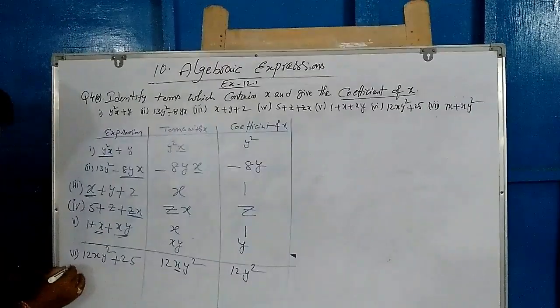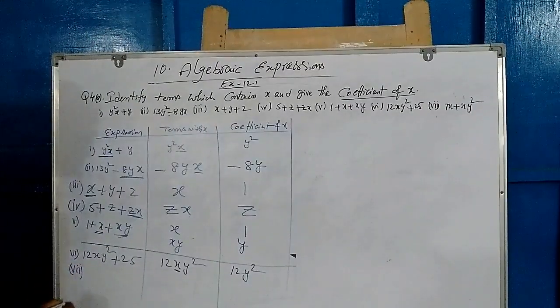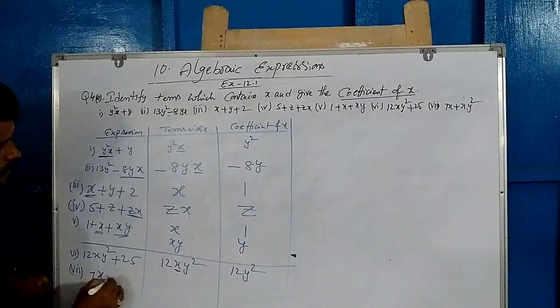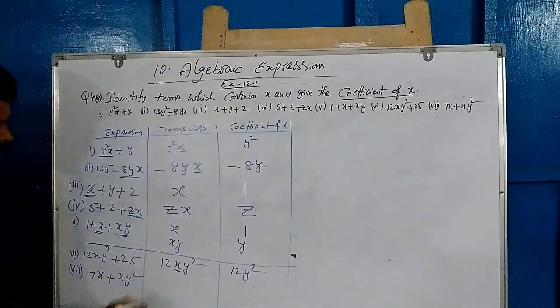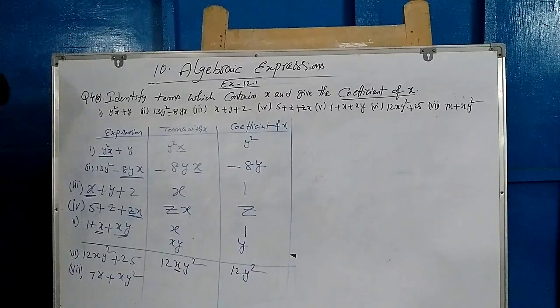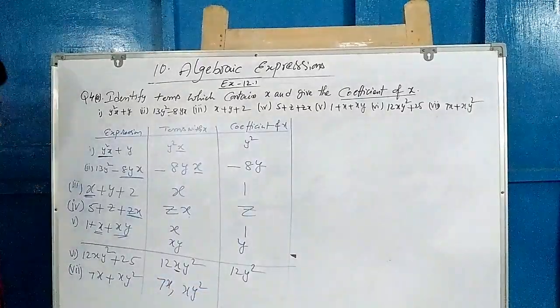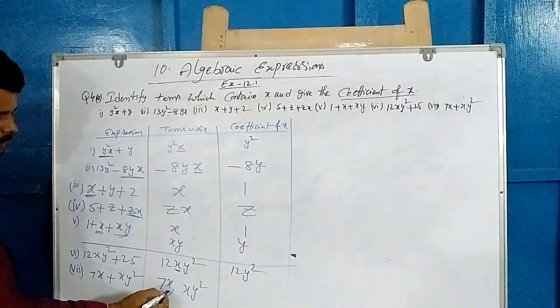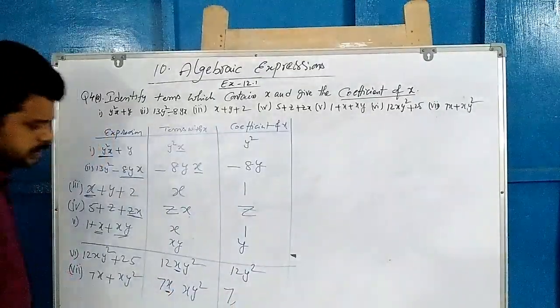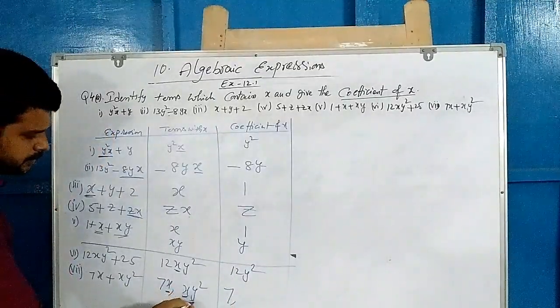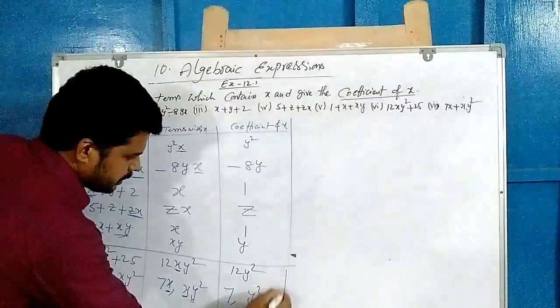So the last one, the 7th one: 7x plus xy square. Here also we have two terms, 7x and xy square. The first term, x is multiplied with 7, so 7 is the coefficient. The second term, x is multiplied with y square, so y square is the coefficient.